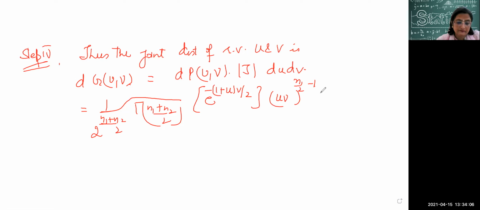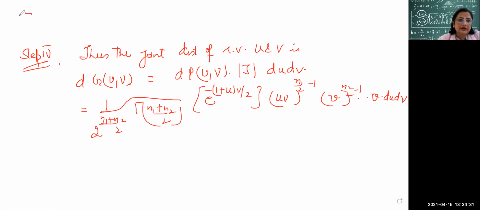Then what is the value of x2? x2 is v, raised to power n2 by 2 minus 1, into the Jacobian of transformation, which is v, into du dv, with the limits 0 to infinity, and v again lies between 0 to infinity.